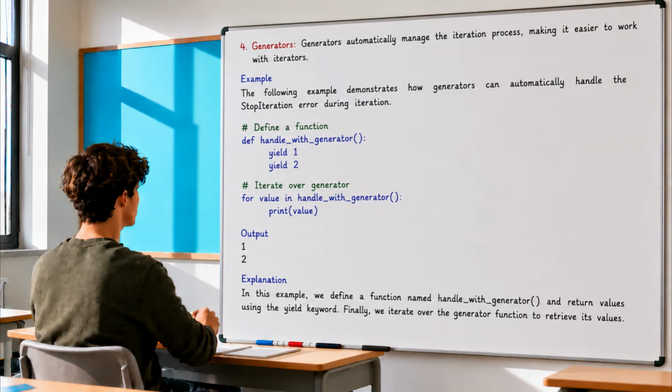Output: 1, 2. Explanation. In this example, we define a function named handle_with_generator and return values using the yield keyword. Finally, we iterate over the generator function to retrieve its values.